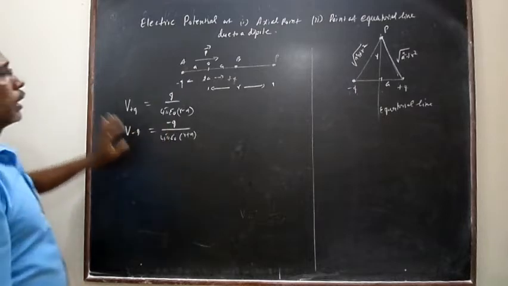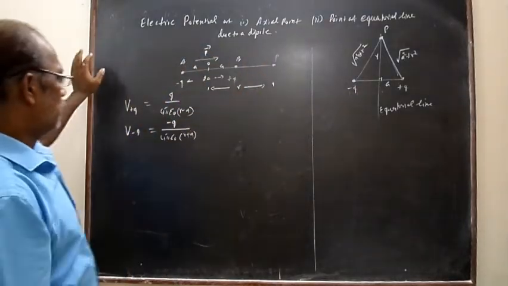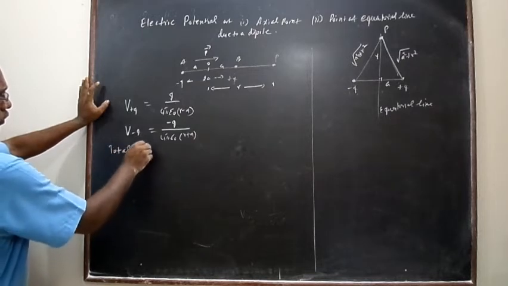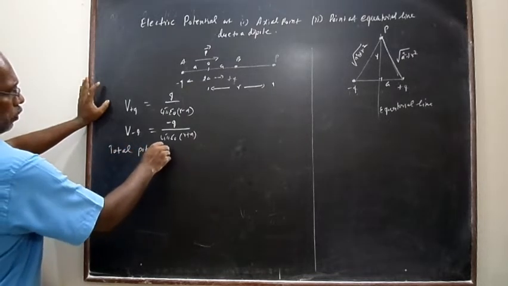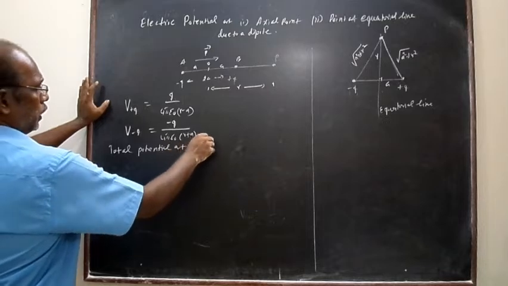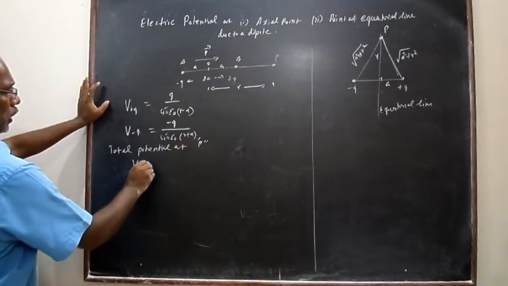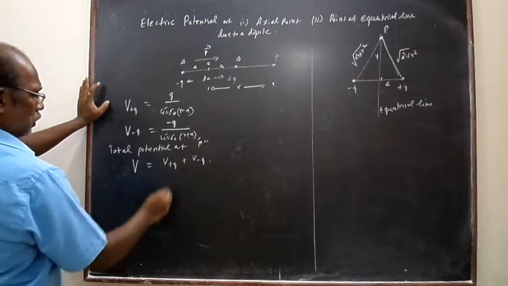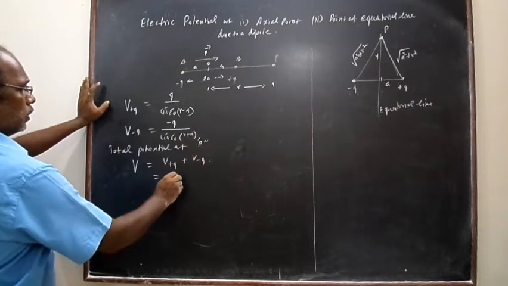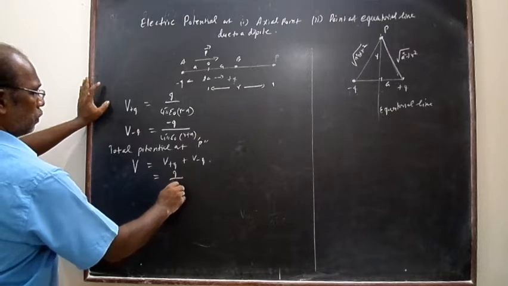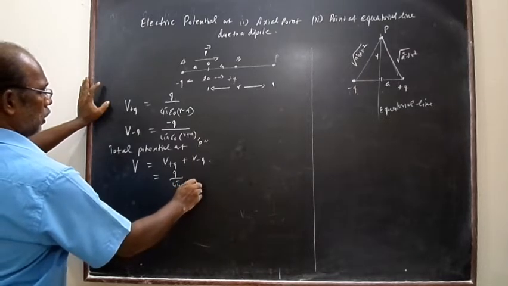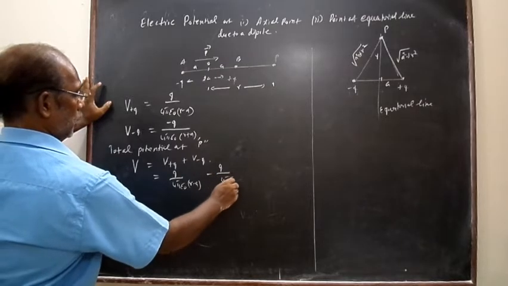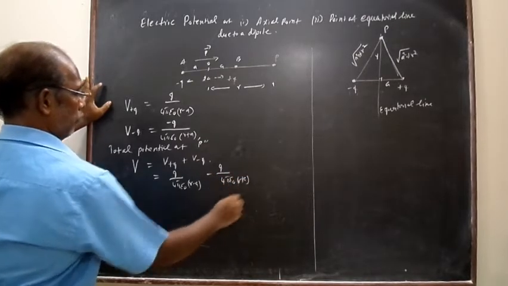Adding both we can get the total potential at P. So V equals V due to plus Q and V due to minus Q, because potentials are scalars. So Q by 4 pi epsilon naught r minus a, minus Q by 4 pi epsilon naught r plus a.